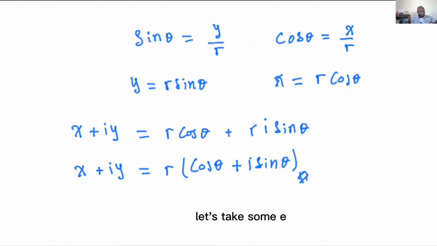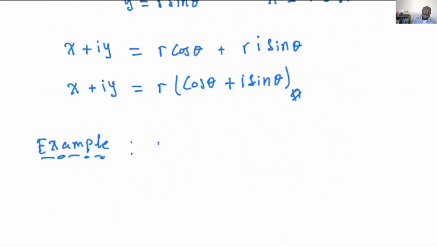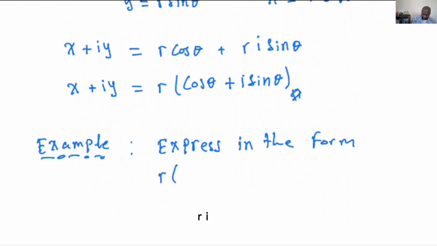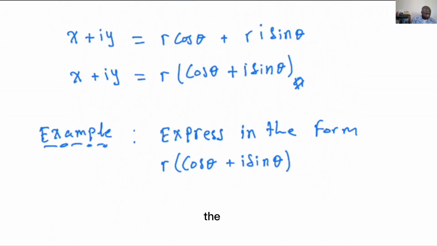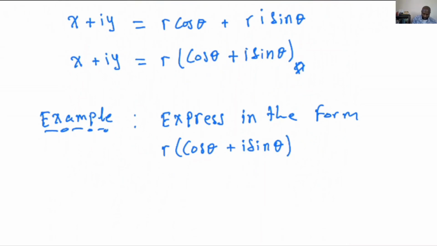Let's take some examples. Example: express in the form r into cos theta plus i sine theta the following complex numbers.